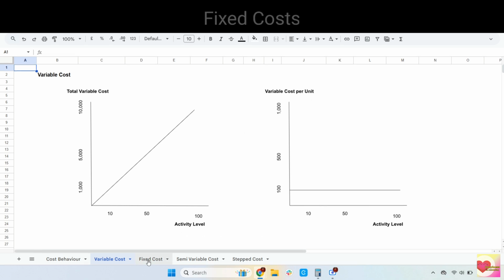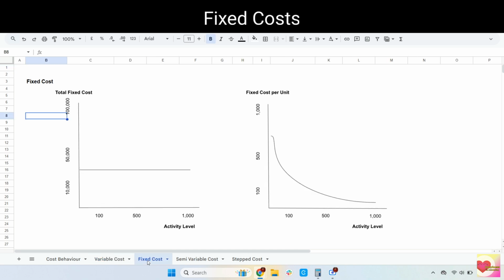Next, let's move on to the fixed cost. We also have two graphs. First one shows the total fixed cost compared to the activity level, and the second graph shows the fixed cost per unit compared to the activity level. Let's analyze this one first. This line shows the total fixed cost.